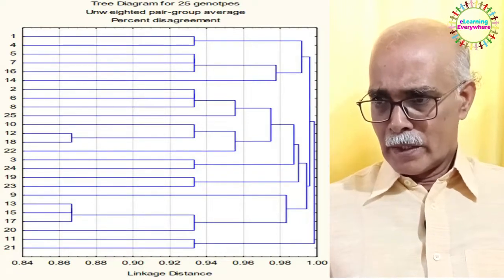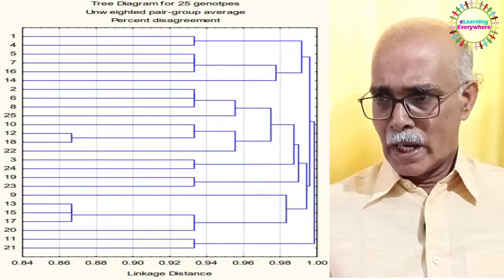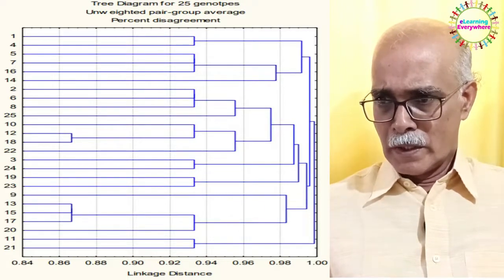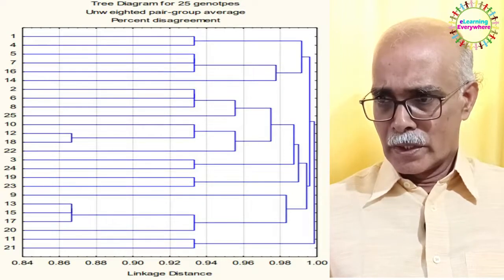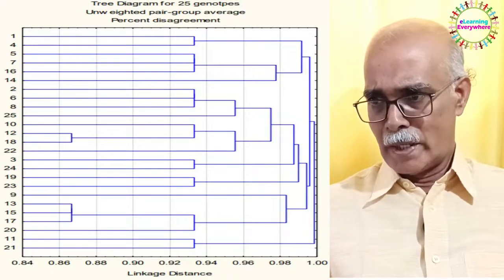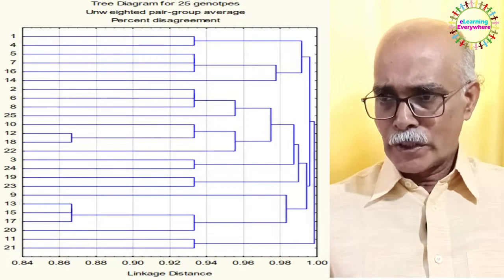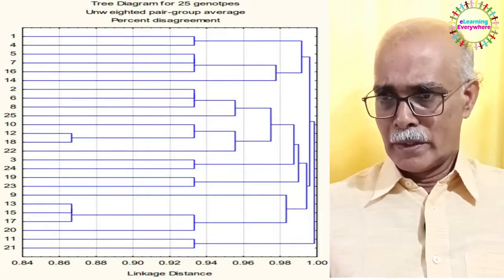And then there is another very large subcluster, and it contains several genotypes, all the genotypes other than these ones.